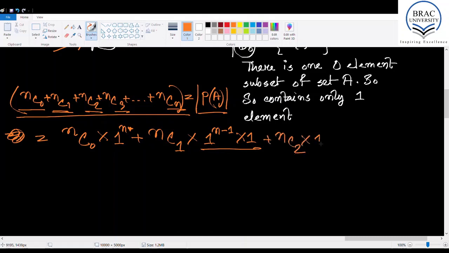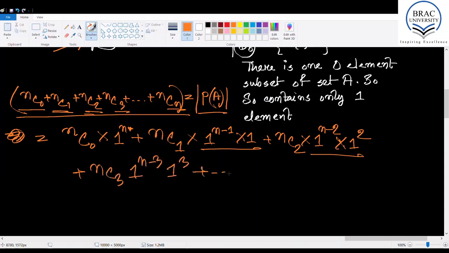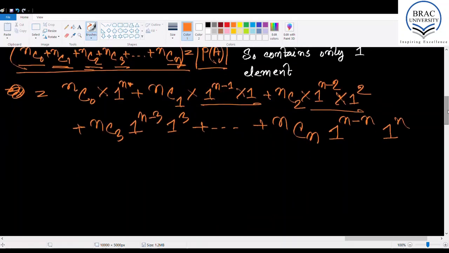NC2, we will multiply 1 to the power n minus 2 into 1 square. Will this change the value of NC2? No. NC3, 1 to the power n minus 3 into 1 cube. Like this, at last we'll get NCn. We will multiply 1 to the power n minus n into 1 to the power n. Now you can ask, why have I written it this way? Isn't it more difficult? No, this is not. Why?